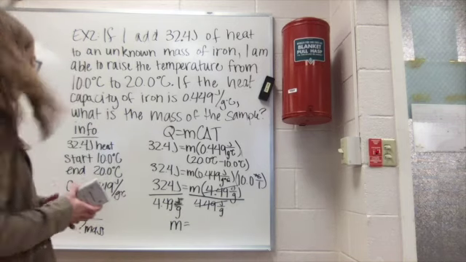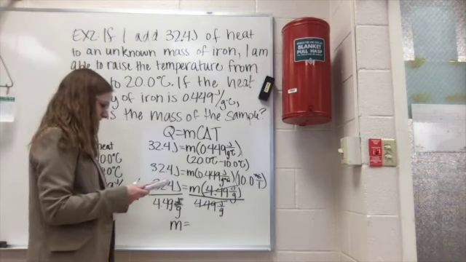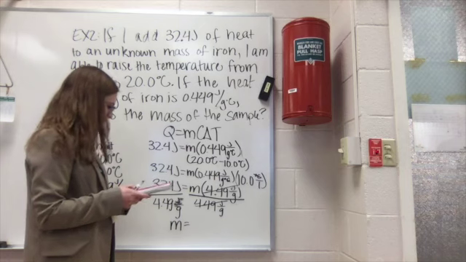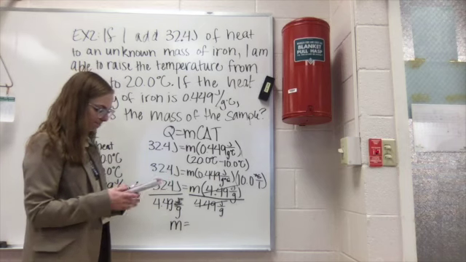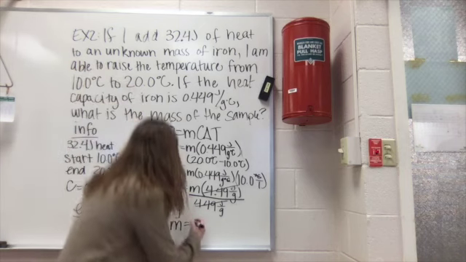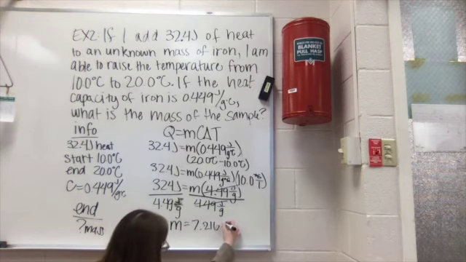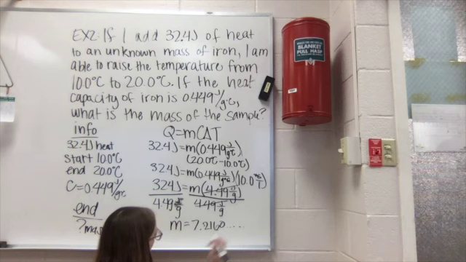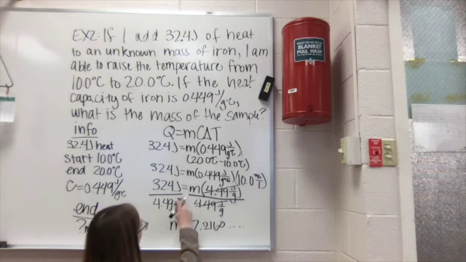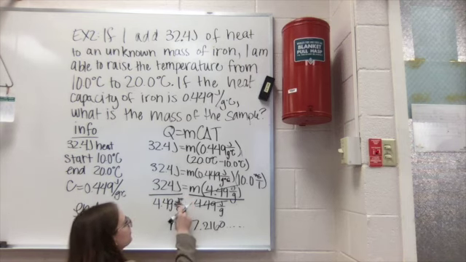So if I go ahead and divide 32.4 divided by 4.49, I get 7.2160, and on. And then if I'm looking at my units, I have joules divided by grams.